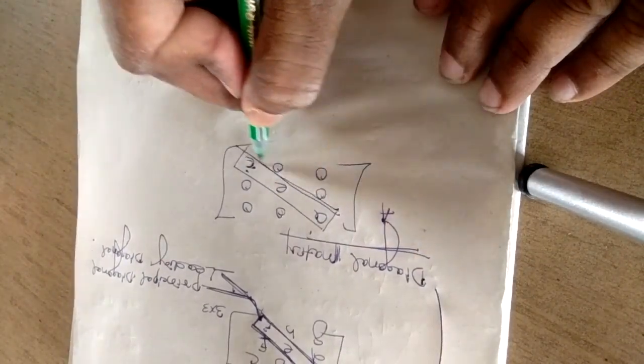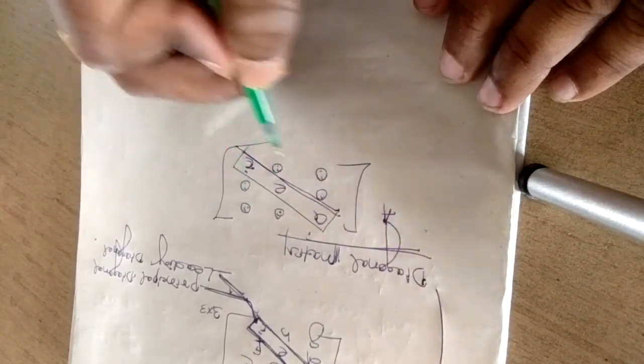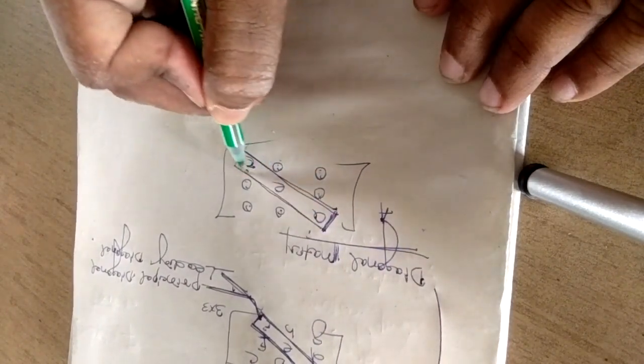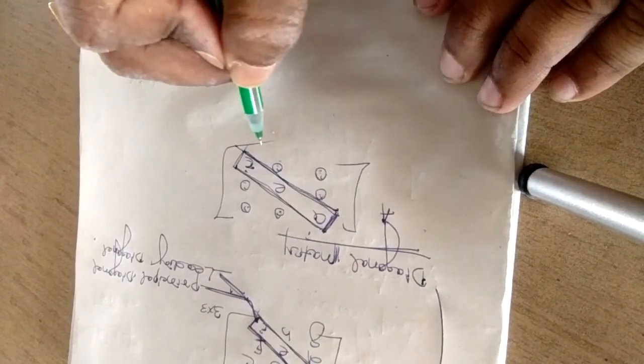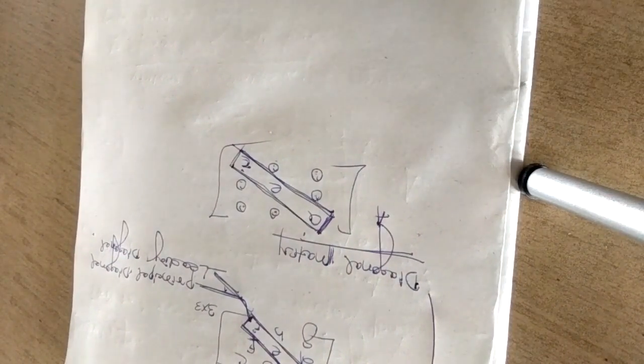Other than diagonal elements, other elements of a matrix will be 0. This is 0 0 0, this is 0 0 0. So the condition is other than diagonal elements, all elements of a matrix will be 0. Then the matrix is called a diagonal matrix.